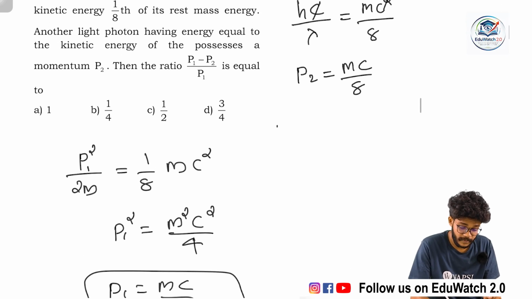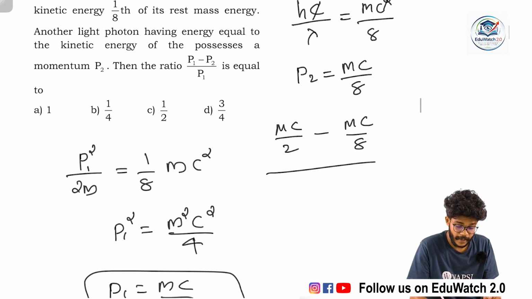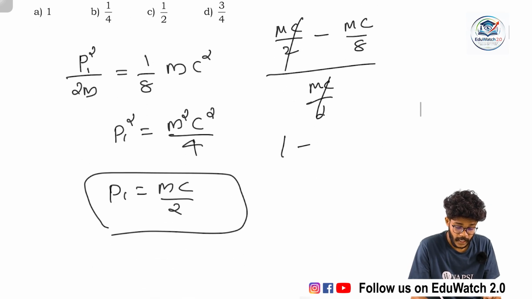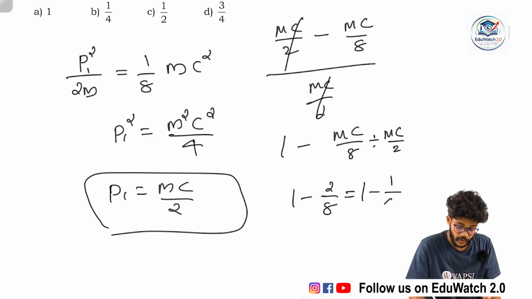Then p1 minus p2 by p1 is mc by 2 minus mc by 8, divided by mc by 2. This and this can be cancelled. 1 minus 2 by 8, which is equal to 1 minus 1 by 4, which is equal to 3 by 4.